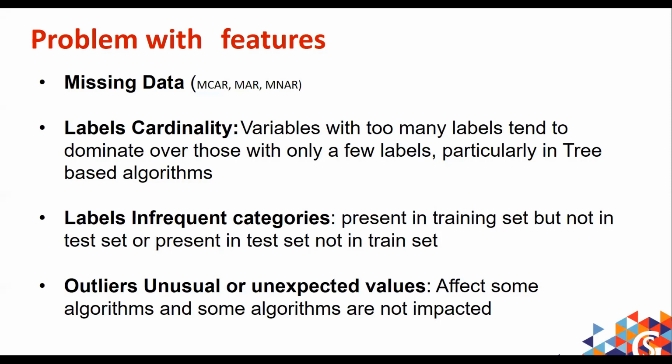When I input my test data, it has a third class. When I give that input, the model is not aware of what kind of data it is, because that kind of data was not given in the training data, right? So it cannot predict what needs to be done. That is also one of the problems. That's called infrequent categories.